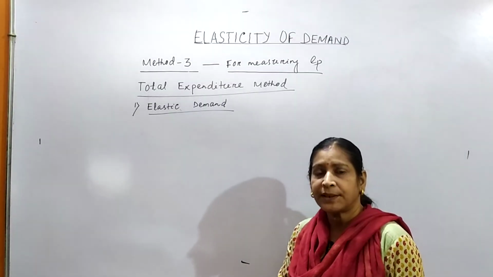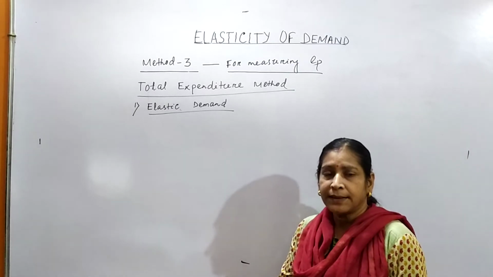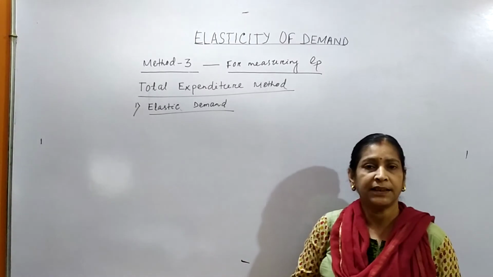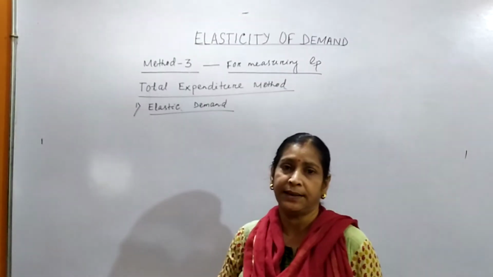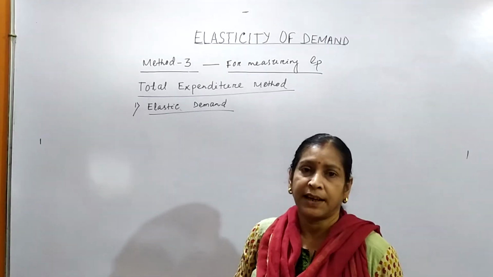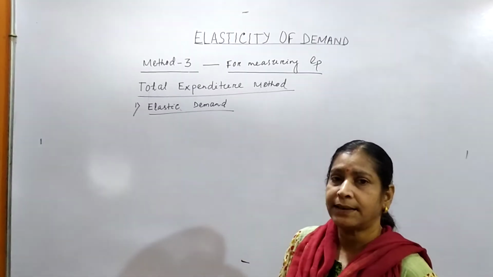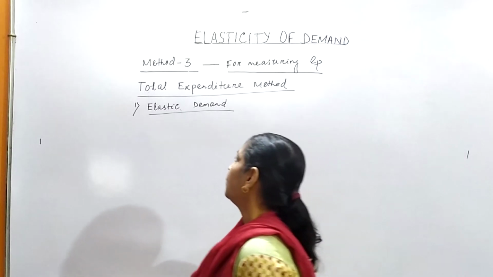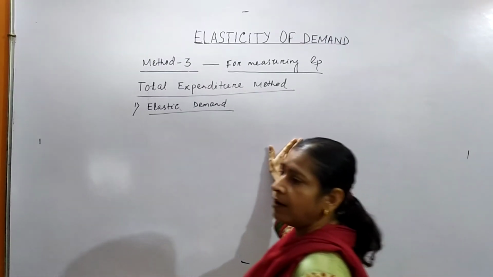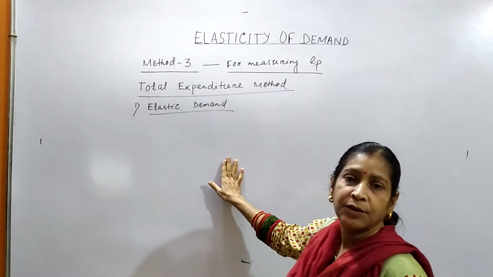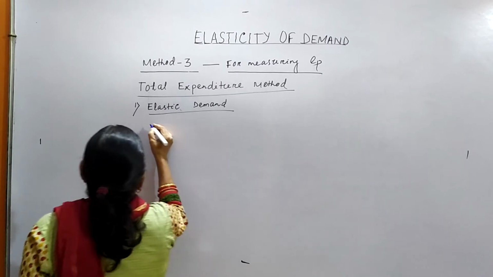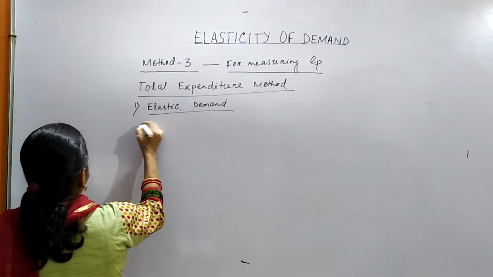In that case, we saw that with a fall in price, quantity demanded changes, but the change in quantity demanded is greater than the fall in price. प्राइस चेंज से क्वांटिटी डिमांड का चेंज ज्यादा था, इसीलिए वो था इलास्टिक डिमांड. So in this case also, we'll see how the price changes and how the quantity demanded responded. What is elastic demand?